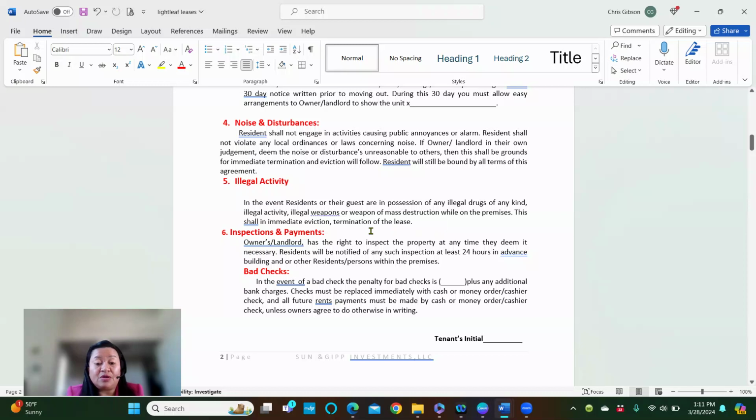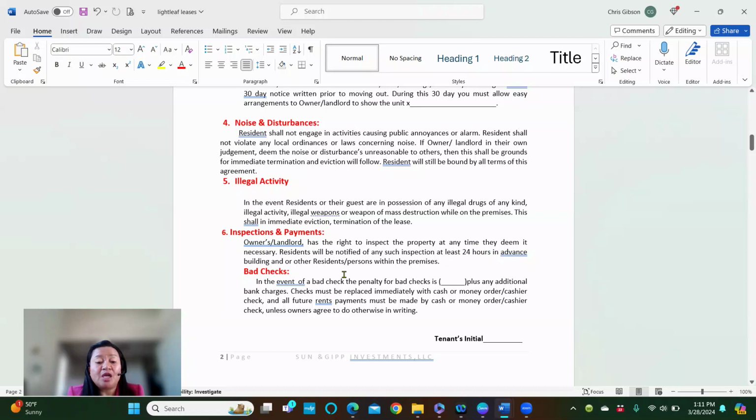Sometimes this happens, and the other thing, number six, is inspections and payment. Owners or landlords have the right to inspect the property at any time they deem necessary.